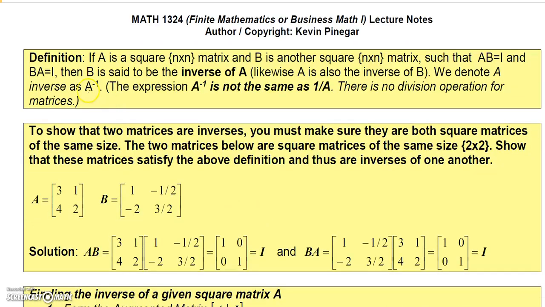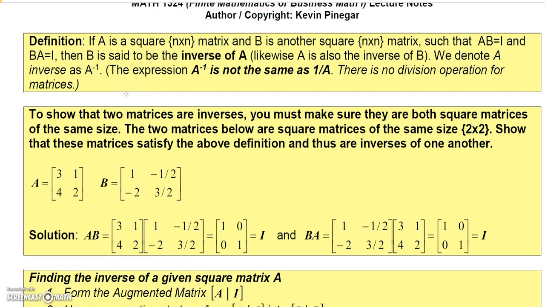So the formal definition is: if A is a square matrix and B is another square matrix such that their product is the identity matrix, then B is said to be the inverse of A, and likewise A is also said to be the inverse of B. And we denote A inverse as A raised to the -1. Now, this does not mean 1 over A, because there is no division operation for matrices.